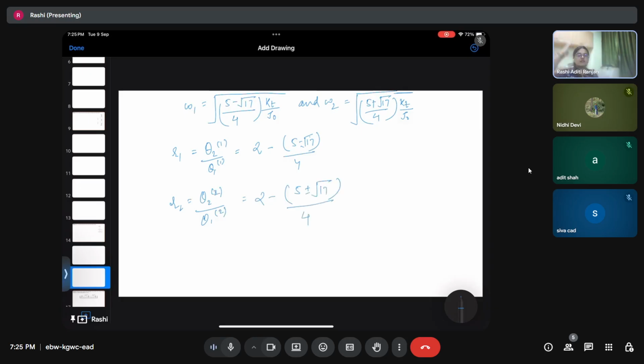So these are going to give us the mode shapes, right? From this we can find out how our modes are going to be when they are excited at one of the natural frequencies.